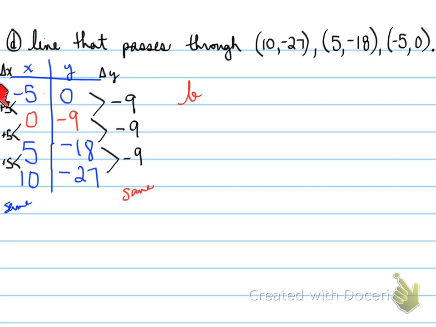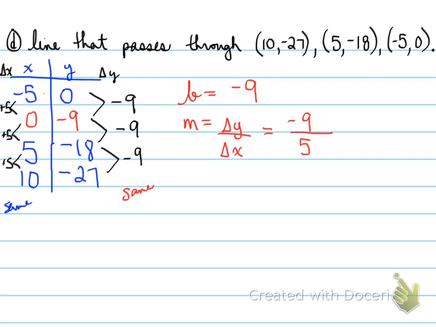And the only way it can be a line is if delta x is the same and delta y is the same. So, what two parts do we need? We need the y-intercept, which we have, and we need the slope. Slope, in this case, is going to be delta y over delta x, rise over run. What's delta y? -9.